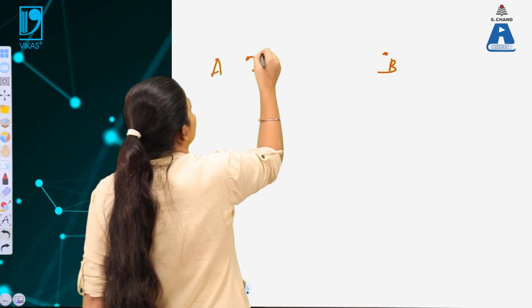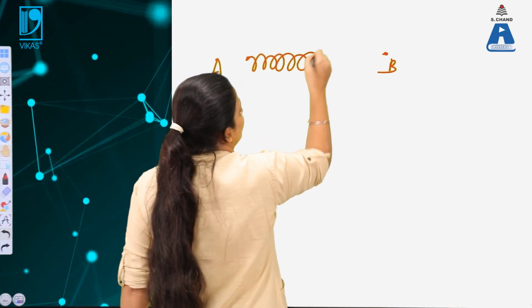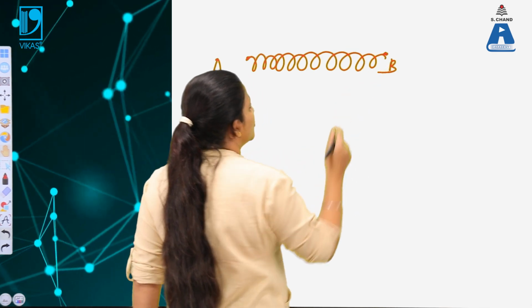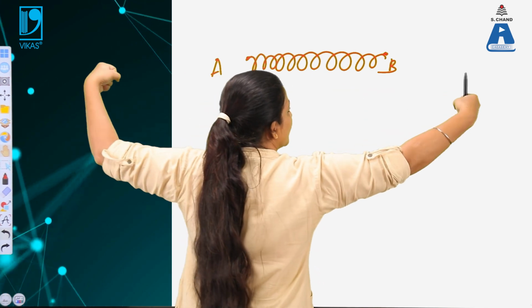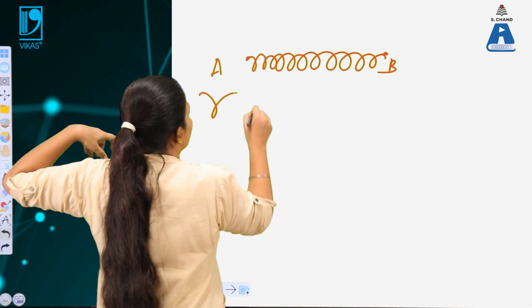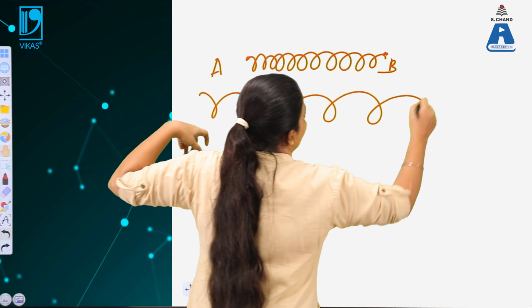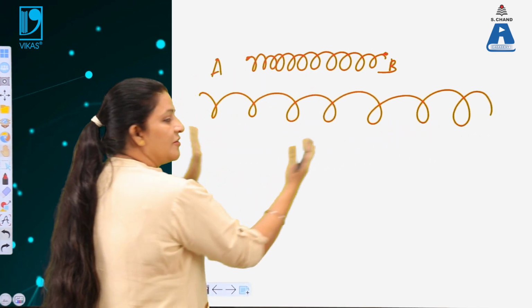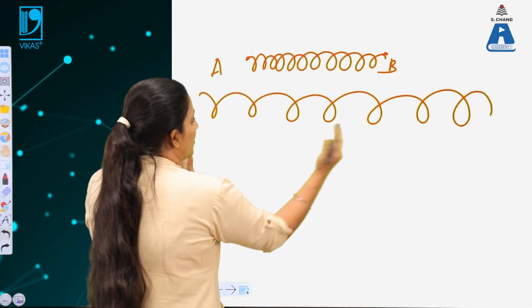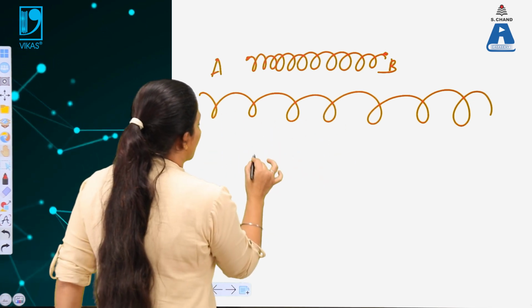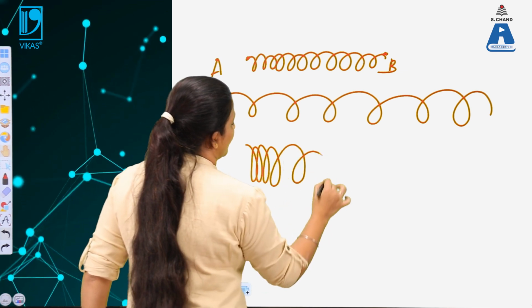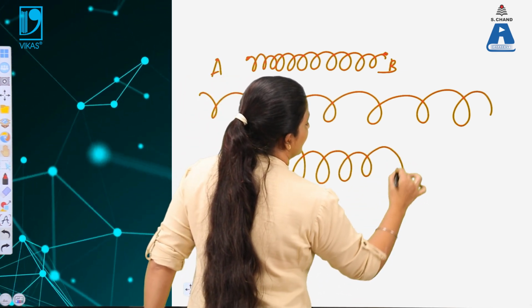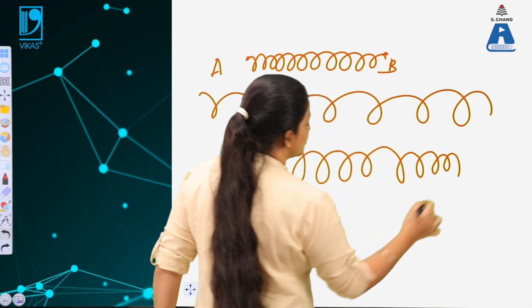This spring is tightened between the two ends A and B. Then you can stretch the spring. When the spring is stretched and then left, you can clearly see that some part of the spring gets compressed and some part of the spring gets expanded. Such kind of motion will be there.